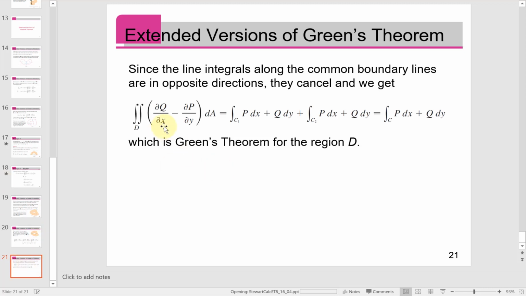So we are just making the statement that the double integral over the region D with respect to area is just the resulting line integrals with the common boundary parts already canceled out. This is the total line integral over the entire curve C that's made up of the two separate curves C1 and C2. That's how we can apply Green's theorem to a region D that has a hole in it.